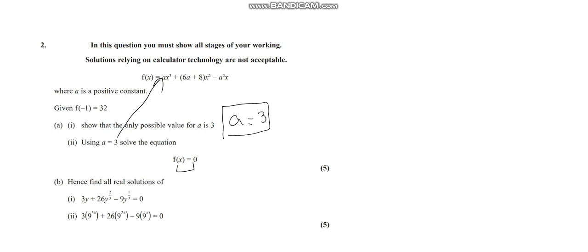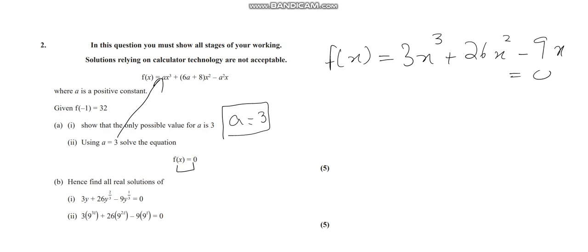So f of x is equal to 3x cubed plus 6 into a, which is 6 into 3, so 18 plus 8 will become 26, so that's 26x squared minus 3 squared, which is 9, so that's 9x equal to 0. I'll just put it equal to 0 and remove this f of x so that you don't get confused here.